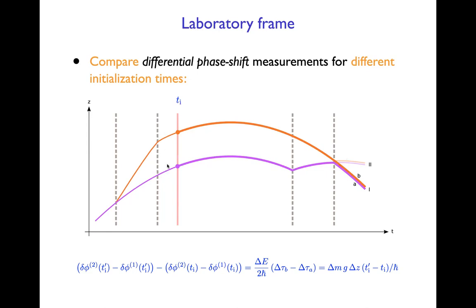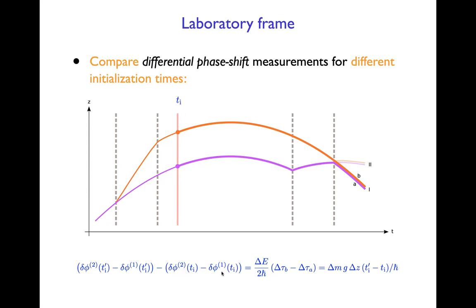And then after that, we apply this initialization pulse that I introduced on the previous slide. And then we just let it evolve and perform this state selective measurement at the two exit ports. We extract for a given initialization time Ti the phase shift for one of the internal states and for the other, and then we look at the differential phase shift.